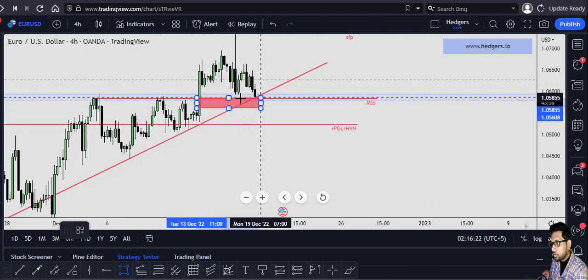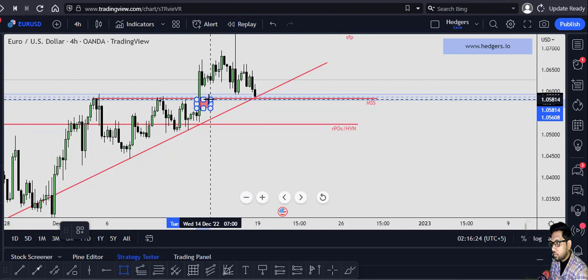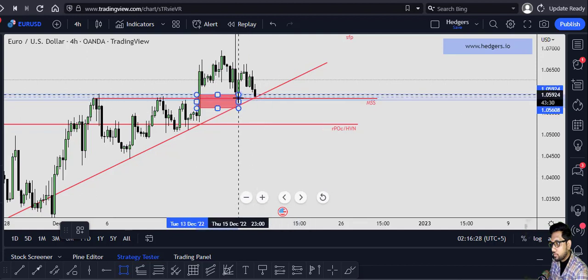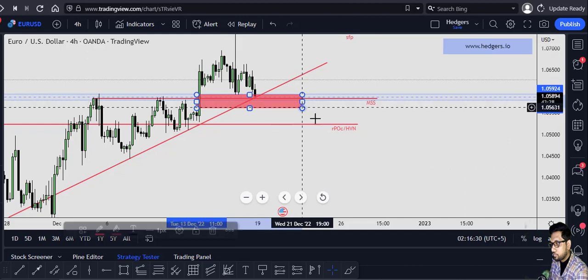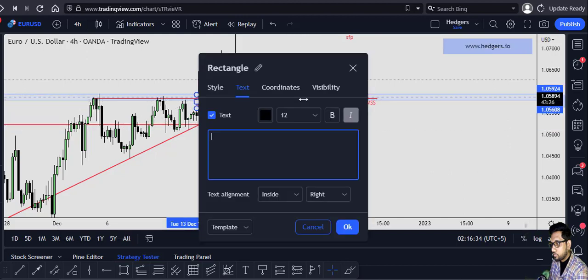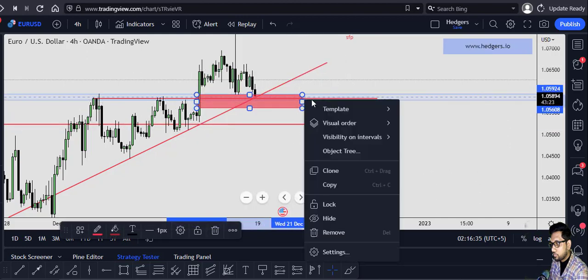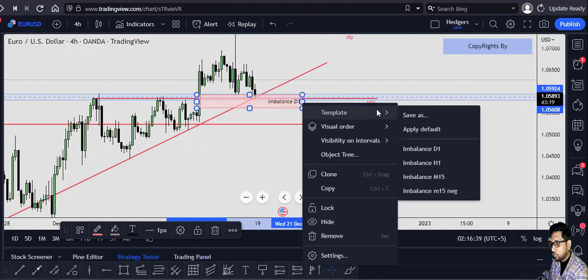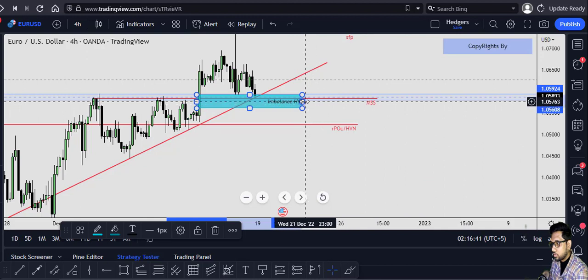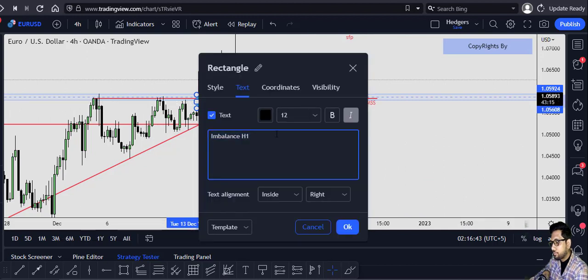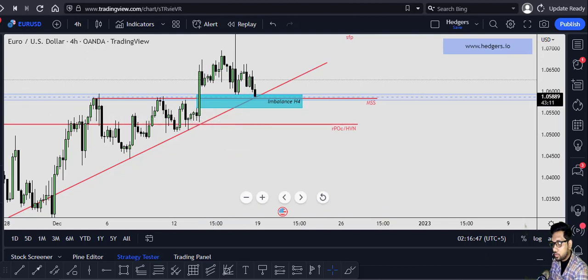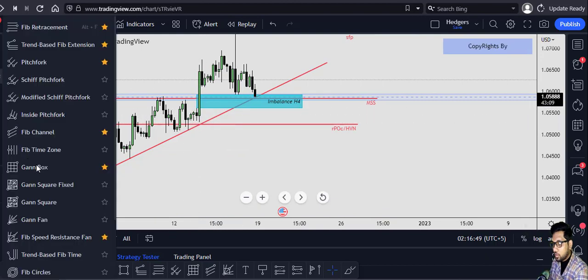If you can see that we're having an imbalance here. Oh, not D1, this is 4 hour. Okay, so we have order block.